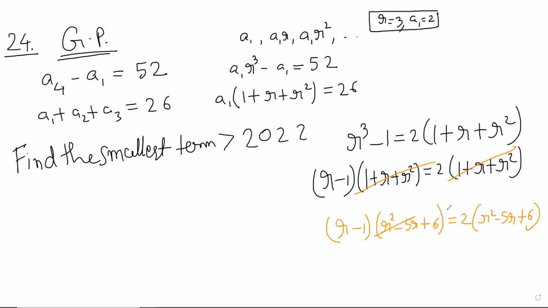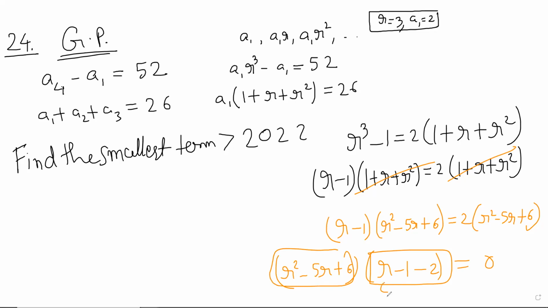Because when you're canceling this, what does it mean? It really means you are saying either this is 0 or this is 0. When this is 0, r is equal to 3. When this is 0, r is equal to 2 or 3. When we cancel something, we have to also see for what values it could create equality.